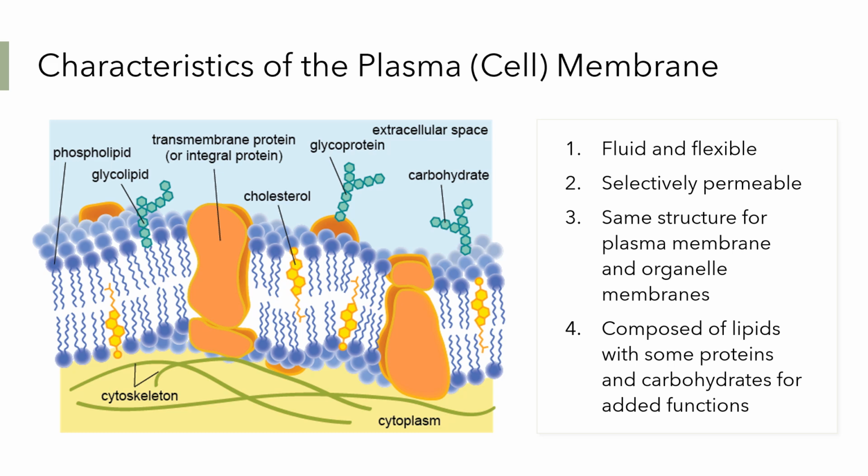This means it chooses what comes in and out, and it blocks what it does not want to come in and out. 3, this same structure of the double layer membrane that we're going to talk about is going to be the same structure for not just our plasma membrane, but also for all of our membrane-bound organelles. And 4, it's made up of lipids with some proteins and carbohydrates for added extra functions.